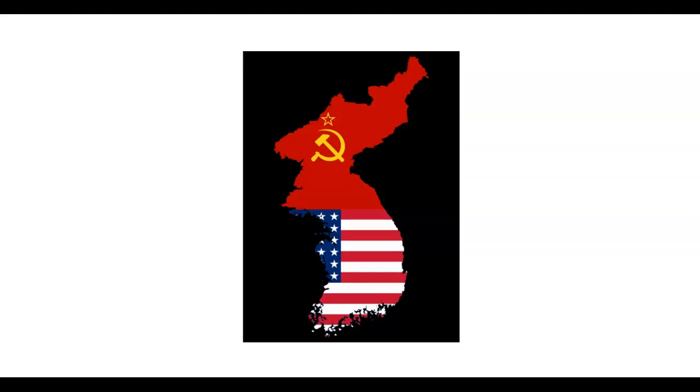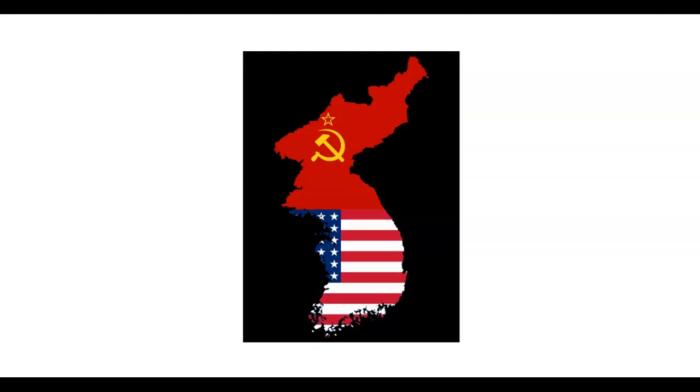Then, in November 1947, the UN passed a resolution that a united government in Korea should be created, but the Soviet Union refused to cooperate. Only the South held elections. Then the American-favored candidate, Syngman Rhee, was elected president.